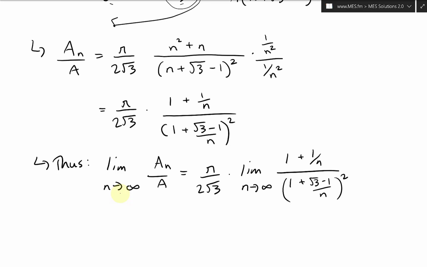And now as you plug in infinity, this 1 over infinity goes to 0. Similarly over here, 1 over infinity goes to 0.